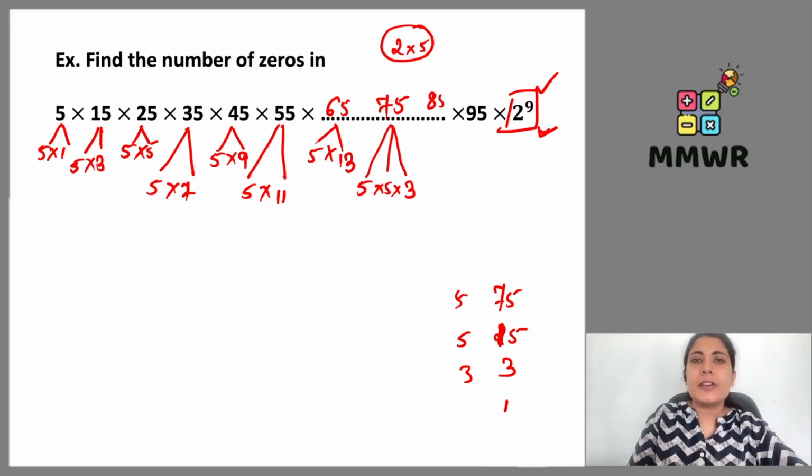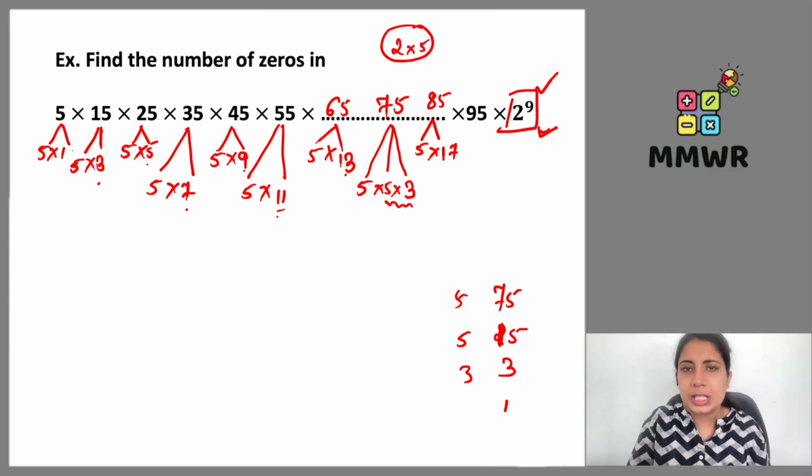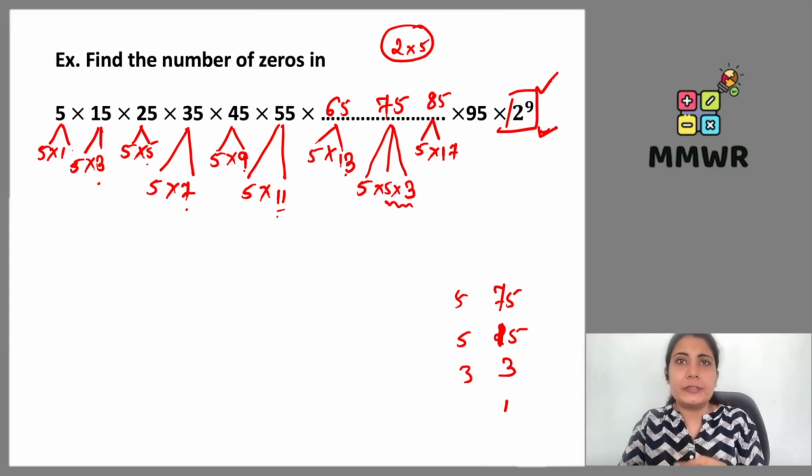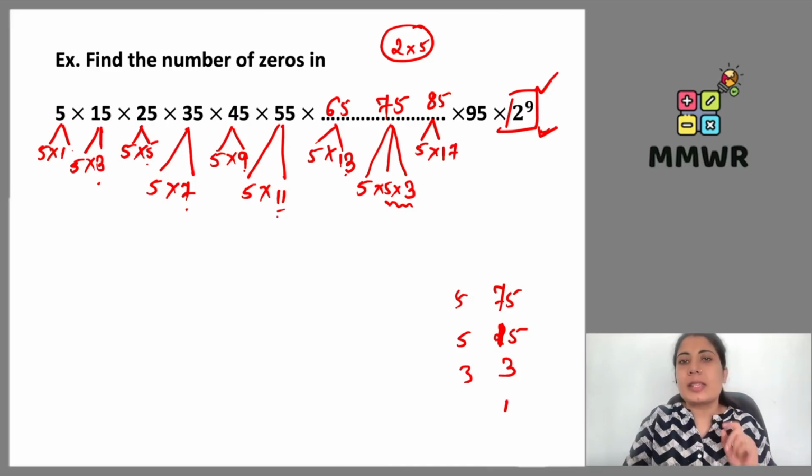Then we have 85, which can be written as 5 multiplied by 17, right? Look, it is a series of odd numbers 1, 3, 5, 7, 9, 11, 13, then we should have 15 here. So 5 15s are 75. We are in the correct series. And at the end we have 5 19s are 95.